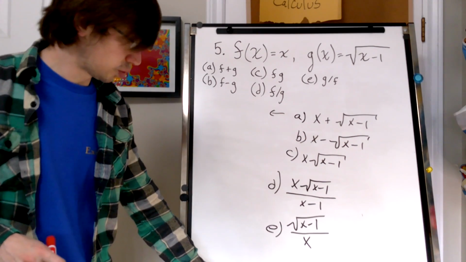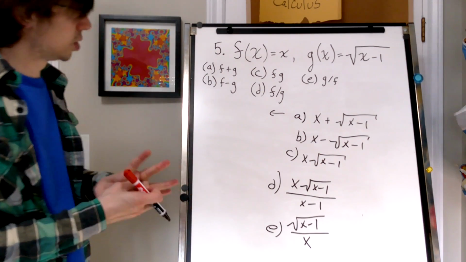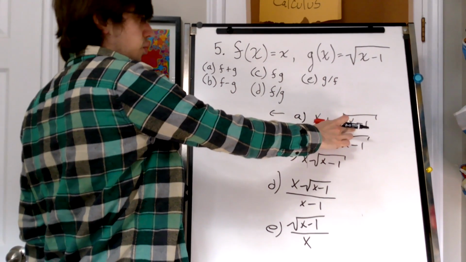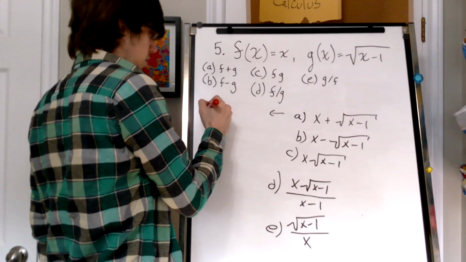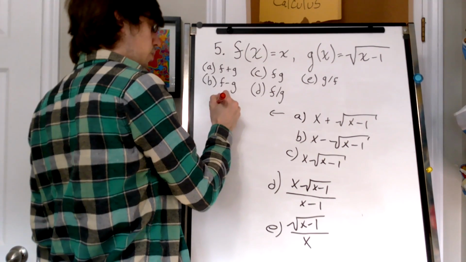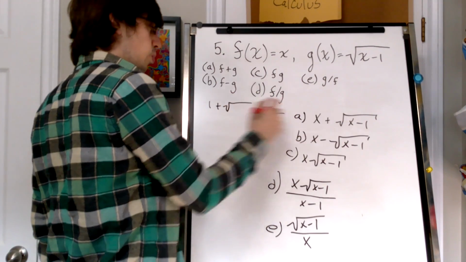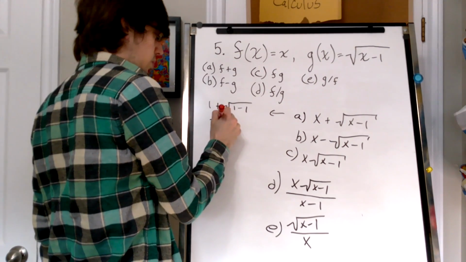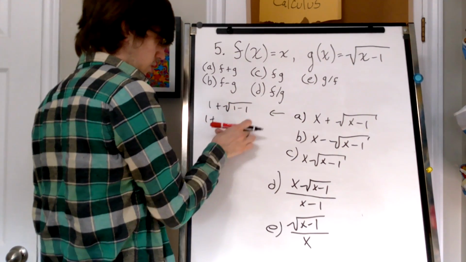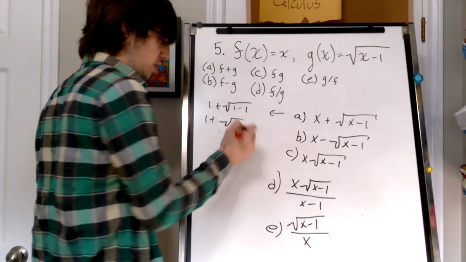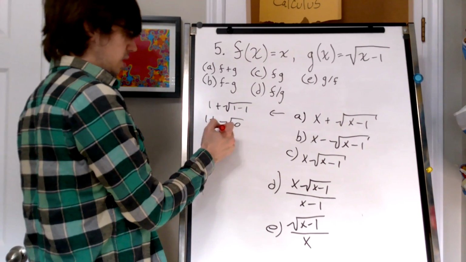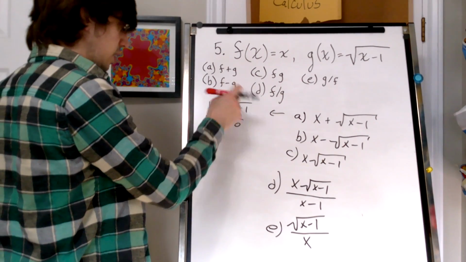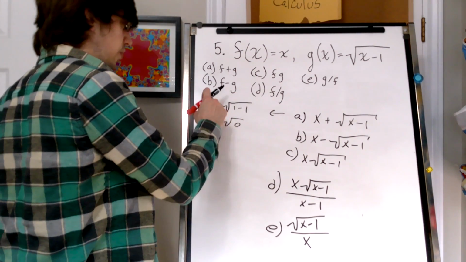Well, what happens when x is 1? If x is 1, we get 1 plus the square root of 1 minus 1, 1 plus square root of 0. That equals 1. If we go any further, though, say, if we do any positive numbers, we're fine.